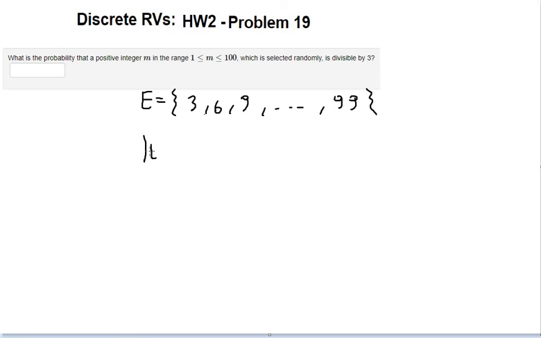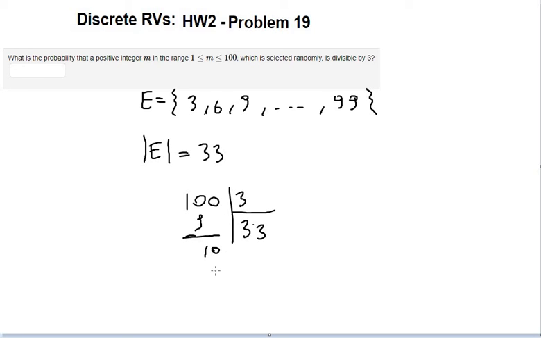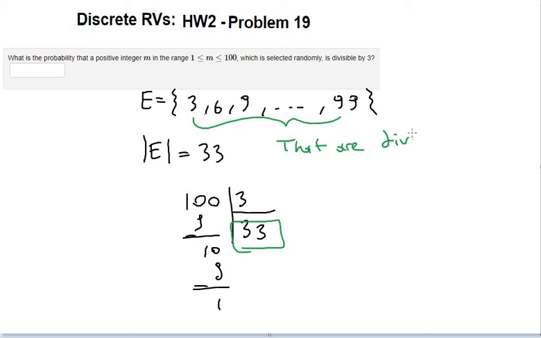So the size of the event is 33, because if you divide 100 by 3, you obtain 33. 1 is the remainder, it's not important. So we have 33 numbers that are divisible by 3. So the probability is 33 over 100, because the size of omega is 100. So 33 over 100.